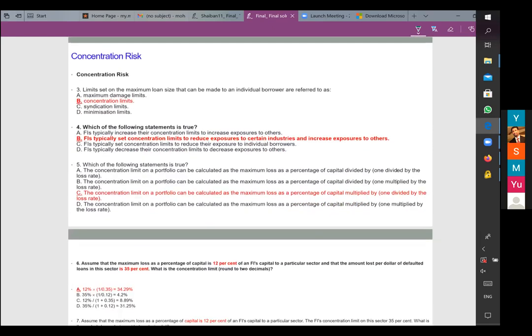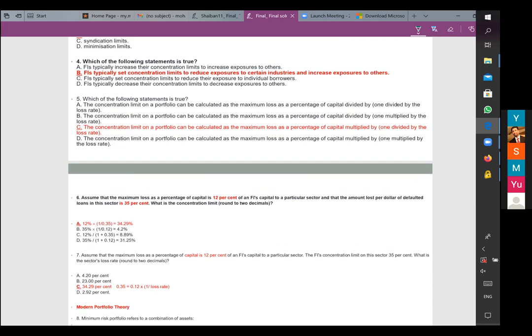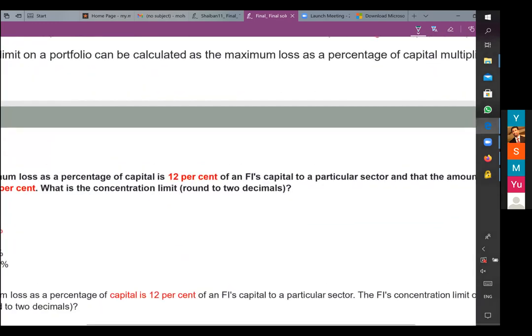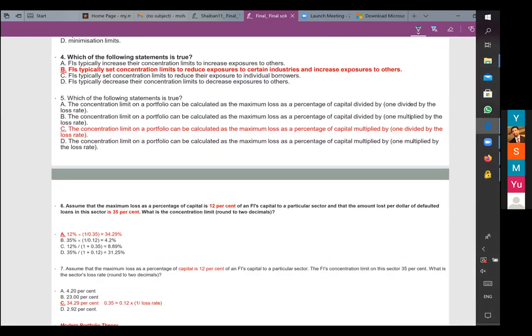Concentration risk, I think we discussed it yesterday, but we have two problems here. For example, you have the concentration limit equals maximum loss of capital.